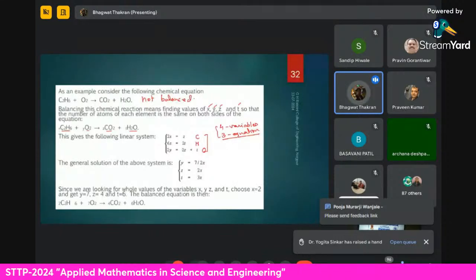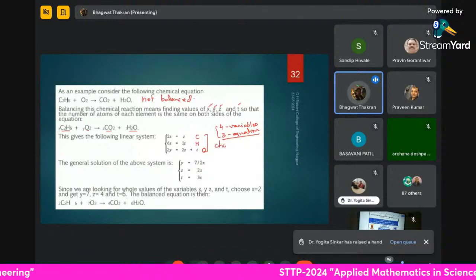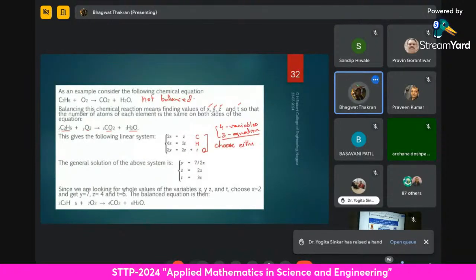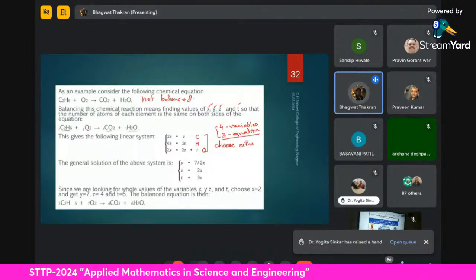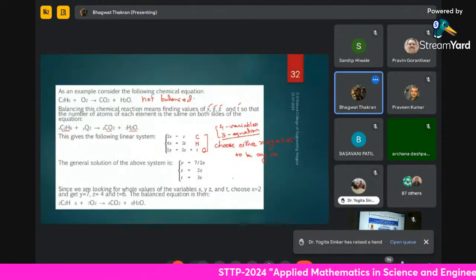Based on this, my nullity is 1, and if nullity is 1, then I can choose any one of X, Y, Z or T to be any number.